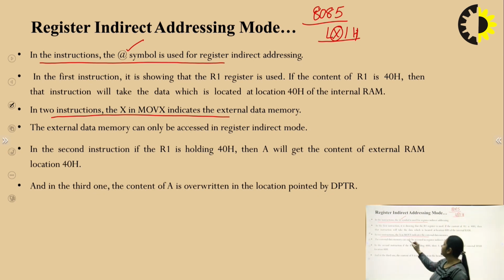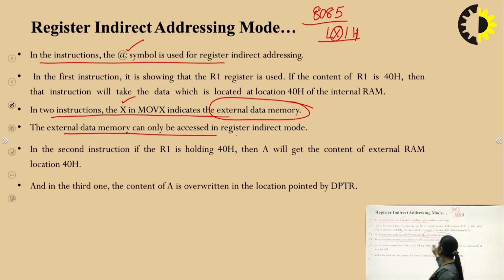But here, this X is used to indicate that we are using the external data memory, not the internal memory. And external data memory can only be accessed in the register indirect mode. Otherwise, it cannot be accessed directly.